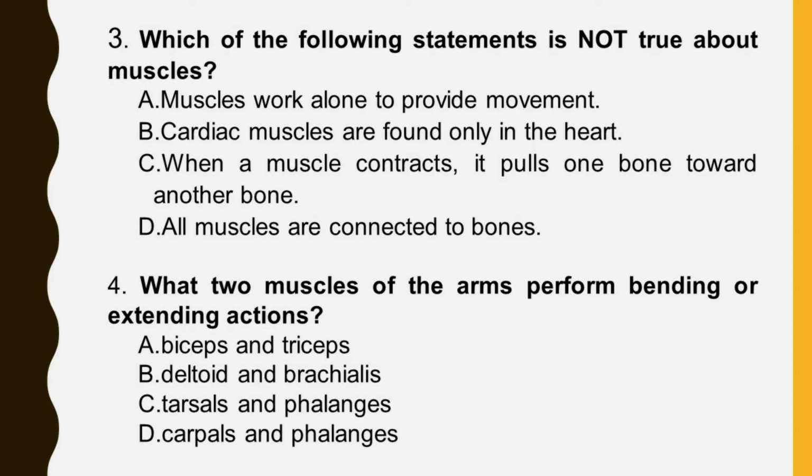Number 4. What 2 muscles of the arms perform bending or extending actions? A. Biceps and triceps. B. Deltoid and brachialis. C. Tarsals and phalanges. D. Carpals and phalanges.